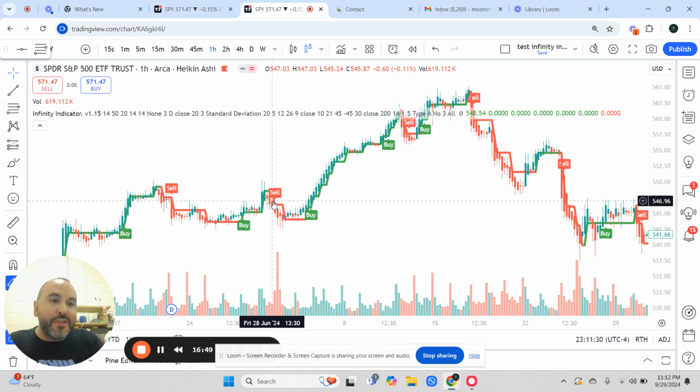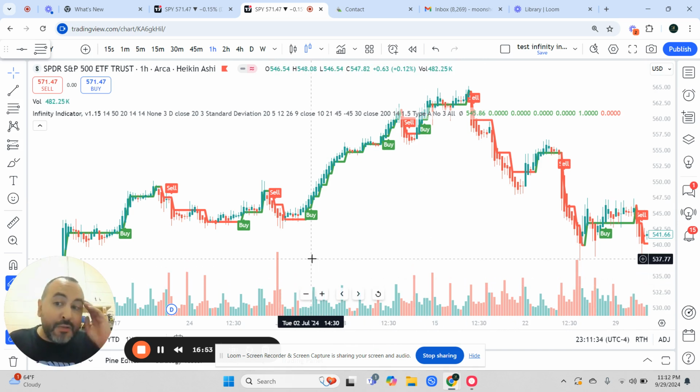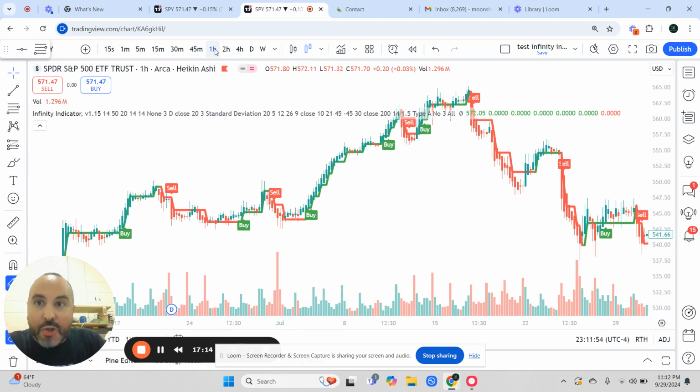It's important to have this on regular trading hours because a lot of times, even though it may look good on ETH, you won't be able to get out of the trade because the market's closed. And then sometimes by the time the market opens, the play has already gone back down. That's not what we're looking for. So we need to be able to buy and sell these. So 1 hour chart, regular trading hours, RTH.